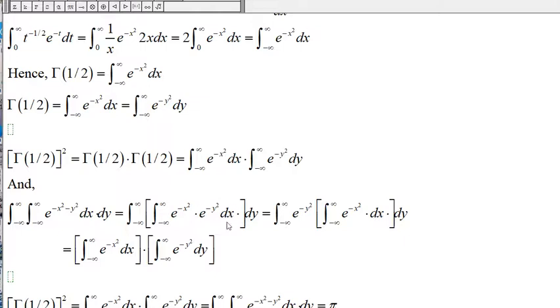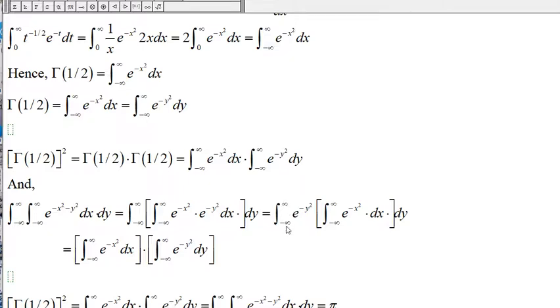And if we look at the inside integral right here, it is with respect to x. So e to the negative y squared is considered a constant. And so here is a multiplication constant. So we can move it and place it in front of the integral.